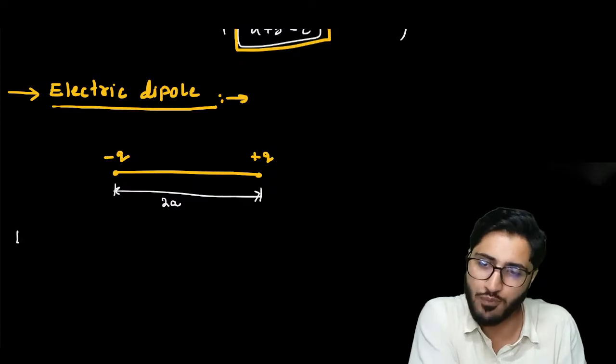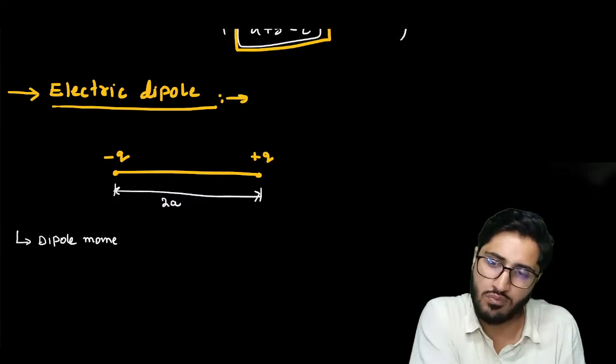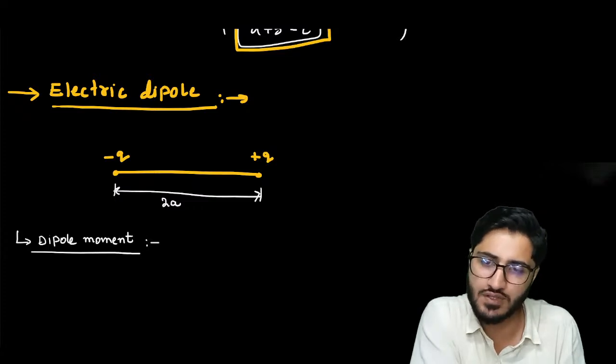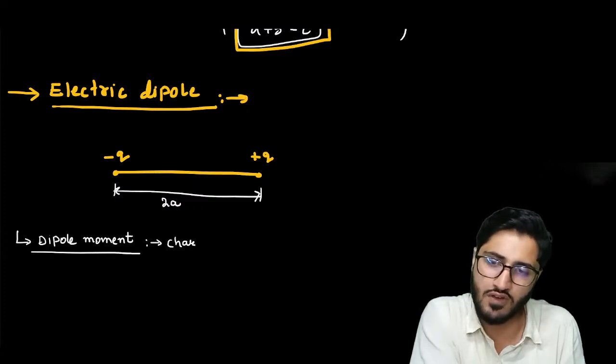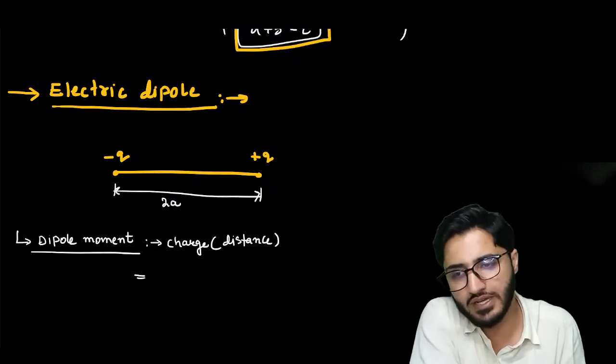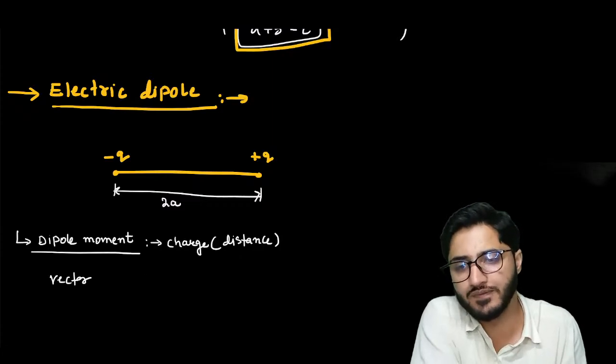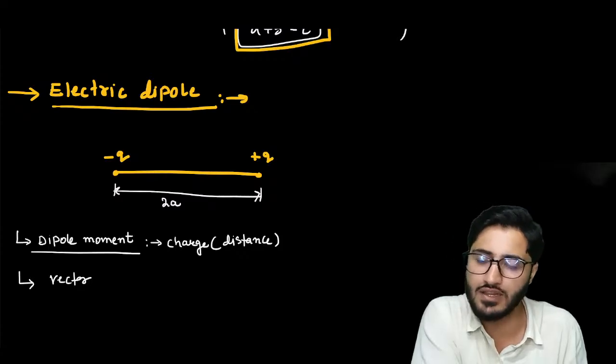One more thing is dipole moment. Dipole moment is the multiplication of either charge into the distance between them. Here I will write, dipole moment, and it is a vector quantity.